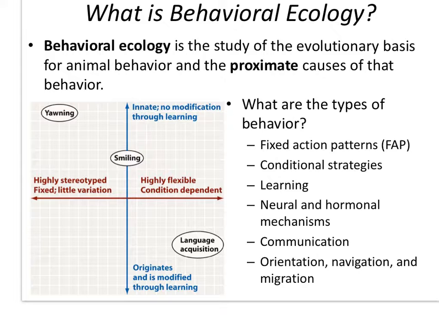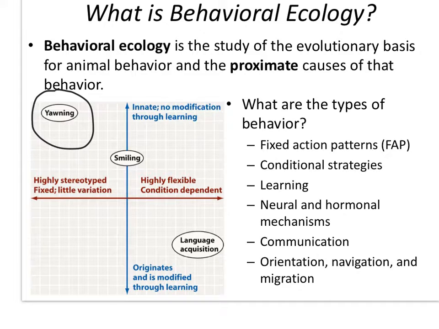Now, there are all kinds of behaviors. In fact, right now, I think I see a lot of this going on, including myself. So that's fine. Anyway, there are different kinds of behaviors, and they vary along certain axes.